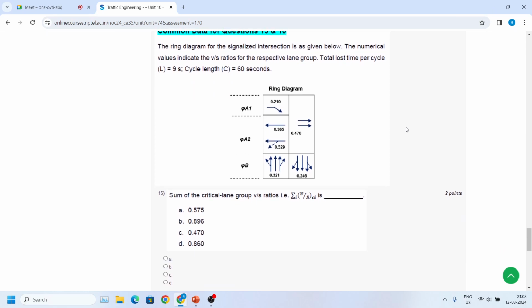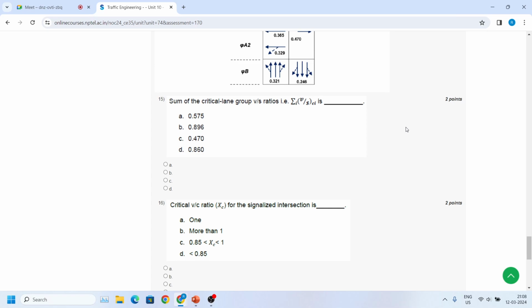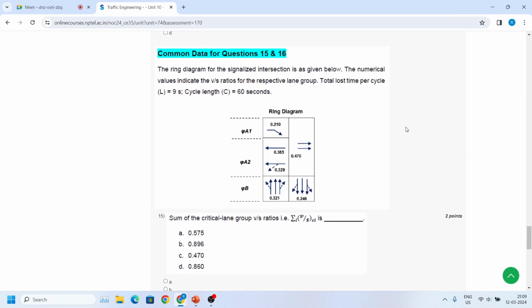This was again about the critical V by C issue.